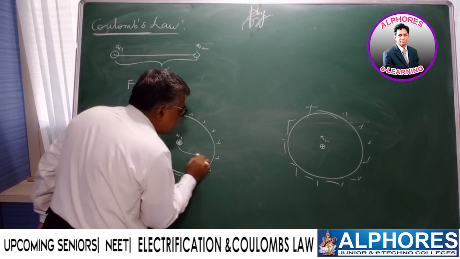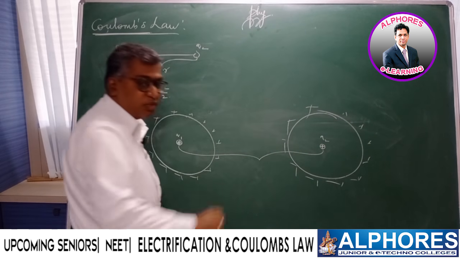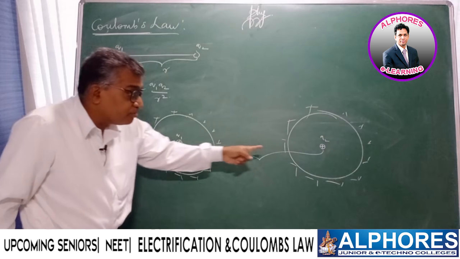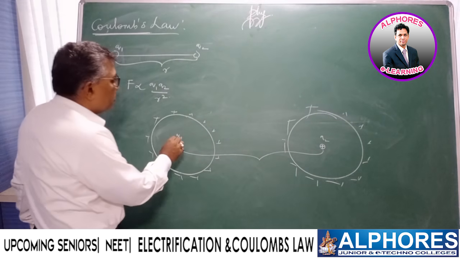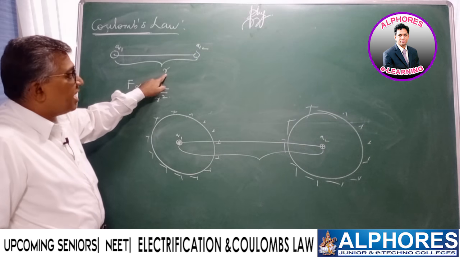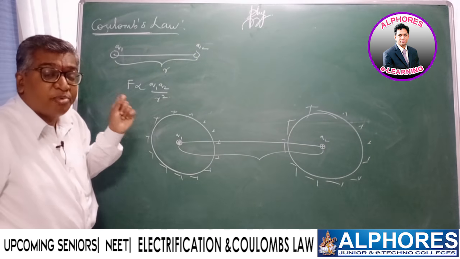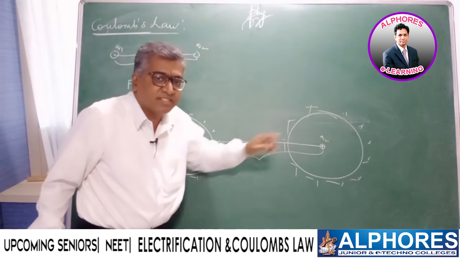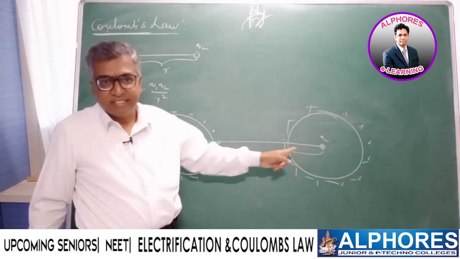Now the distance you have to consider is the distance between their centers, the line joining the centers, that is, the distance r between the point where the charge is concentrated and the other point where the charge is concentrated.